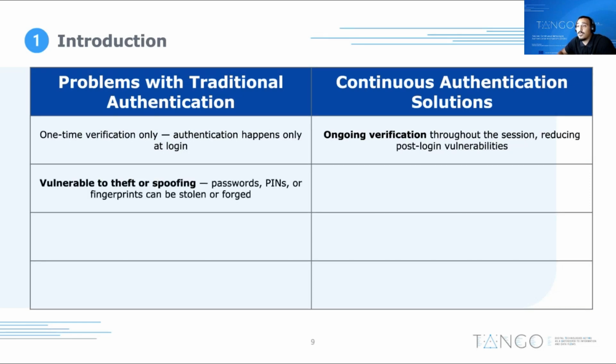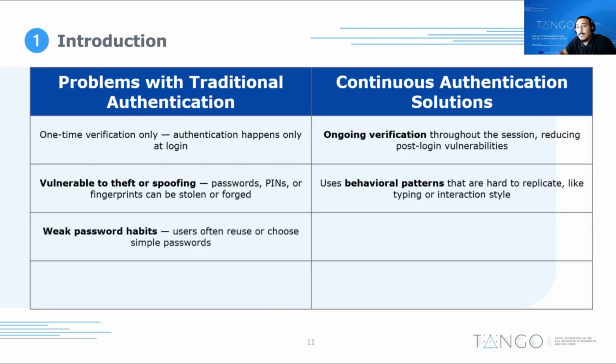Also, as we all know, current traditional authentication methods rely only on passwords and PINs, which can be easily spoofed, stolen, or guessed by thieves. But on the other hand, continuous authentication relies on the behavioral patterns of the user devices, which is much harder to replicate.